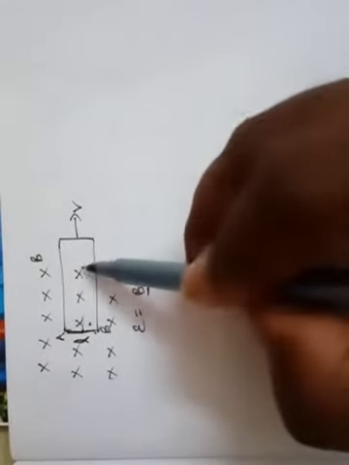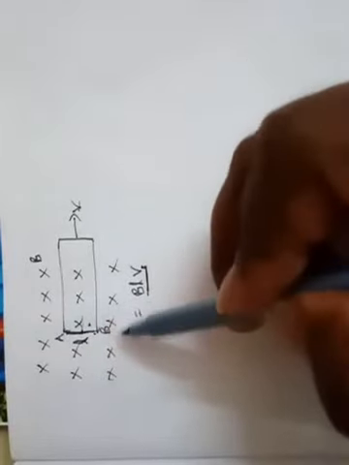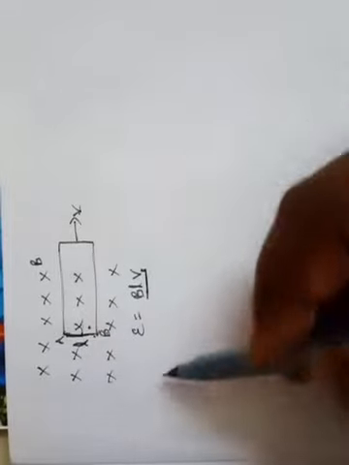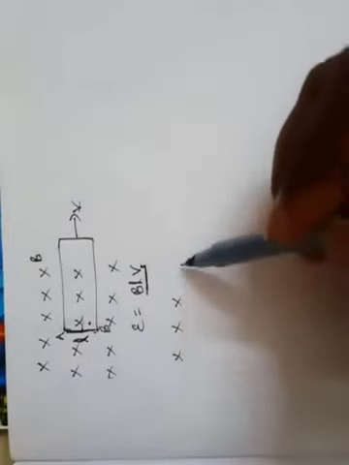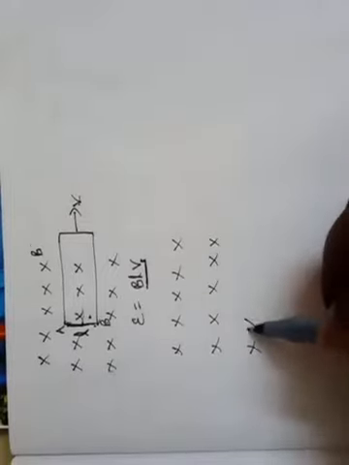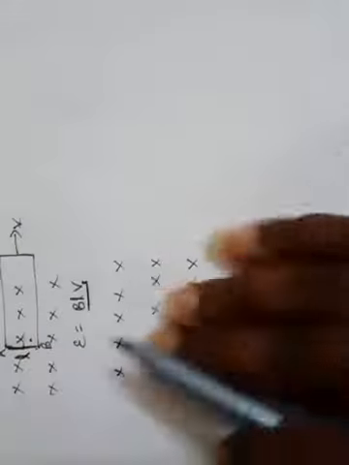Suppose this velocity is not perpendicular to this length, then what expression will we use? Not only in this case, we can see some more cases where motional EMF is induced. Here we have seen a closed loop.